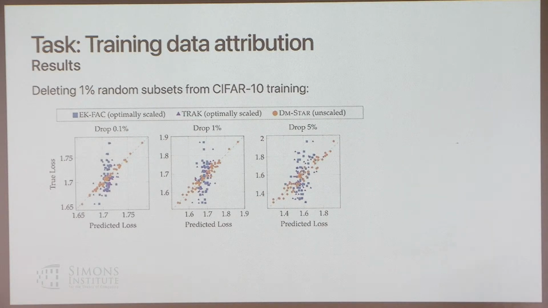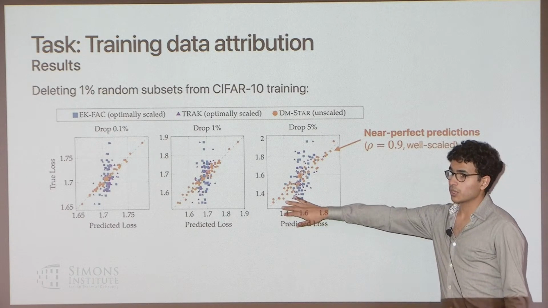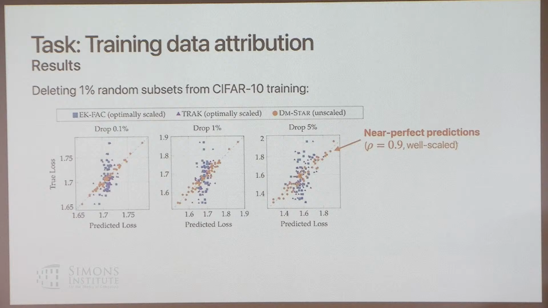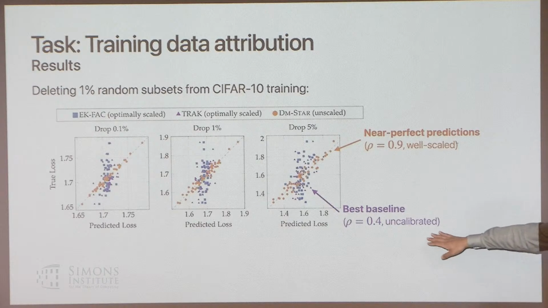You can see that this method in orange is super highly correlated with model behavior, and this is just using the metagradient like I just talked about. The next best method is still pretty good, but not nearly as good.